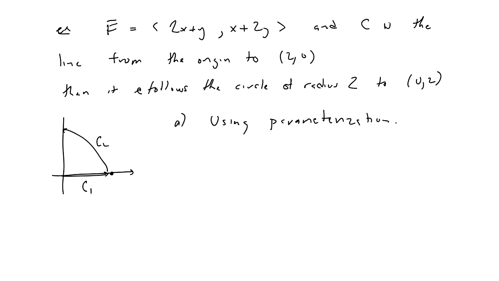So first let's do the 4.2 method, which is just we parameterize everything, we plug it into the formula. So let's look at C1.